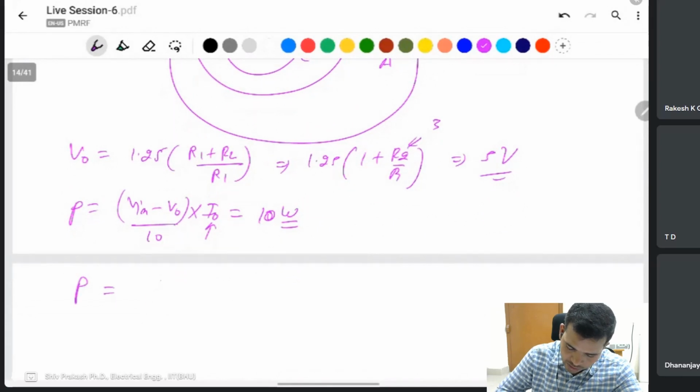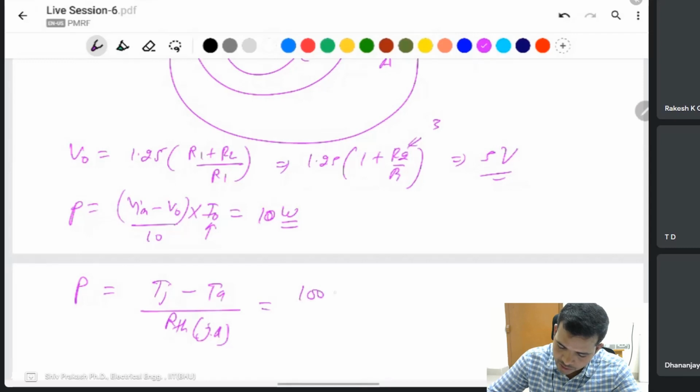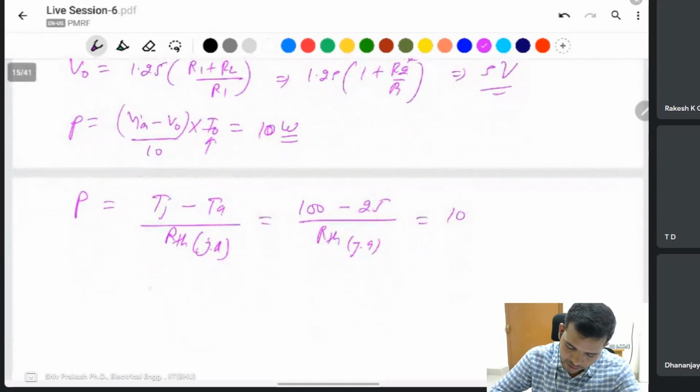We can also relate it to the temperature: Tj minus Ta, thermal resistance junction to ambient. Tj is given 100, Ta 25, Rth junction to ambient confined.